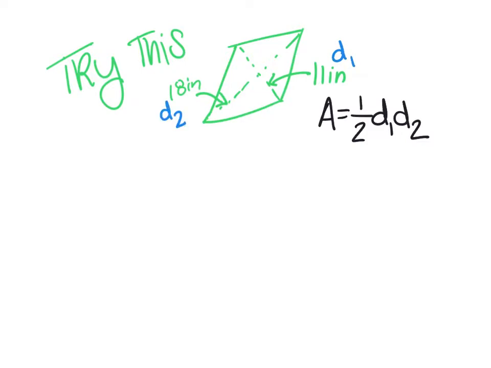So I just have those labels, and I'm remembering those as I go. All right, let's start with my area equals 1/2, and I'm going to use parentheses to show multiplication here. So I've got 1/2 times diagonal 1, which is 11, times diagonal 2, which is 18.